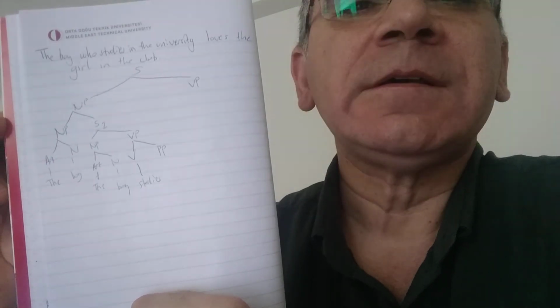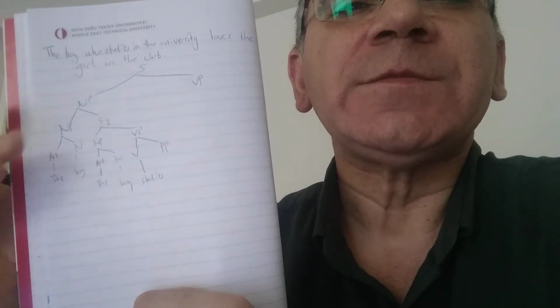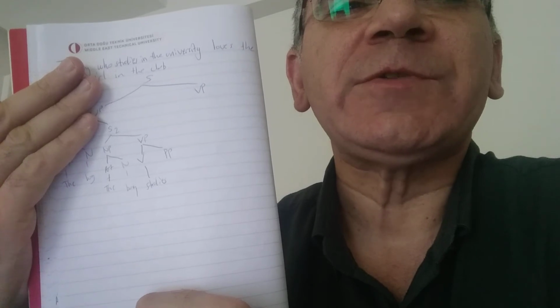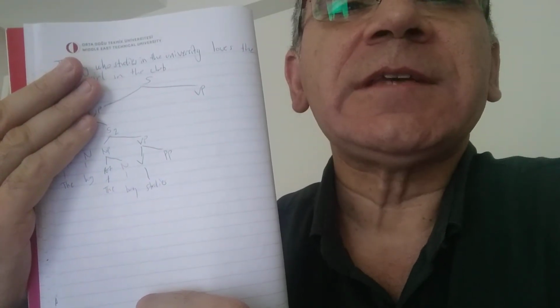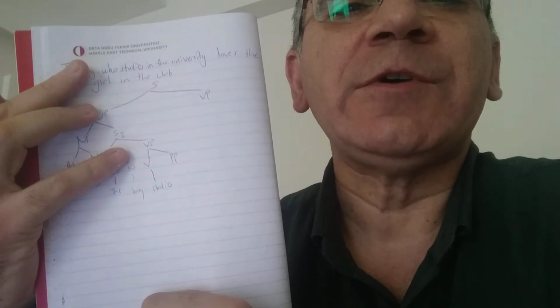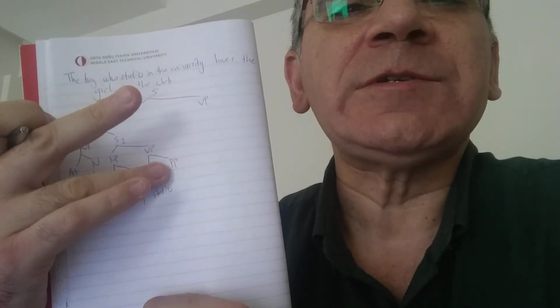The boy studies. Look, sentence. Forget this for a moment. The second sentence has got noun phrase and verb phrase. Noun phrase is the boy. Verb phrase is studies in the university. In the university is a prepositional phrase.